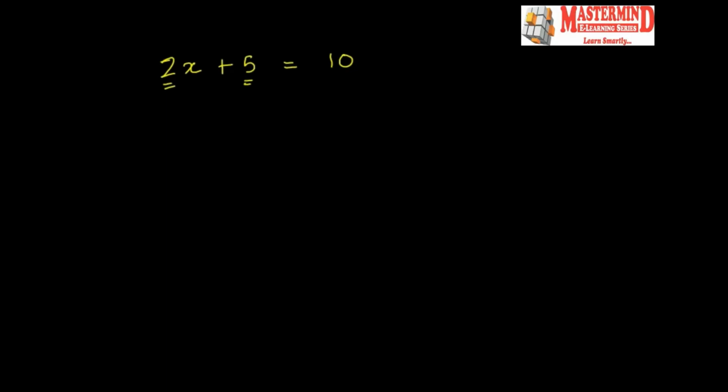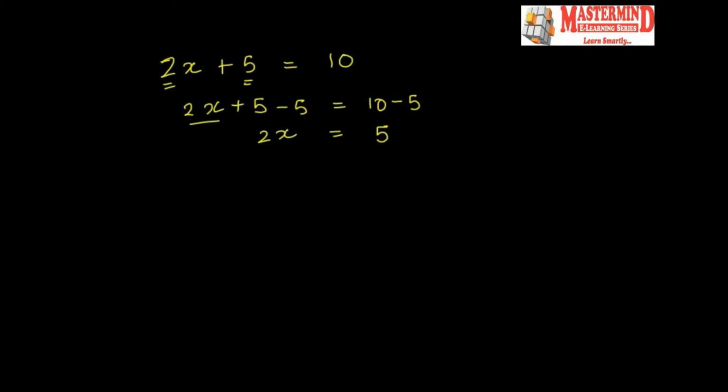First we'll remove this 5 from the LHS. If we are using the balancing method to remove it, since it is added, we will subtract 5 on both sides. So we will get 2x, because this plus 5 minus 5 will get cancelled off and only 2x will remain. So 2x is equal to 10 minus 5 is 5.